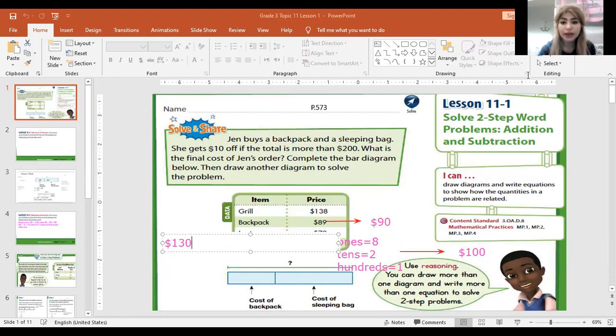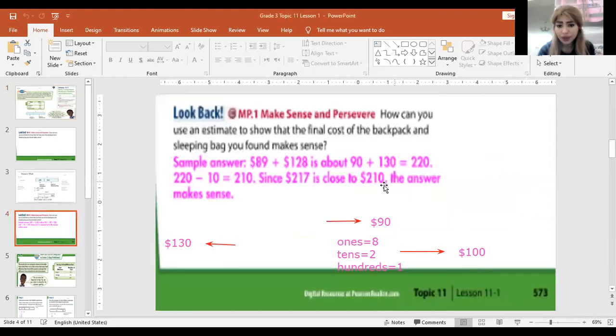So also I think it is a reasonable number for us. So here $89 plus $128 is about 90 plus 130, which is 220. So 220 minus the $10 that we are having equal to 110, since $217 is close to $210. So the answer makes sense.